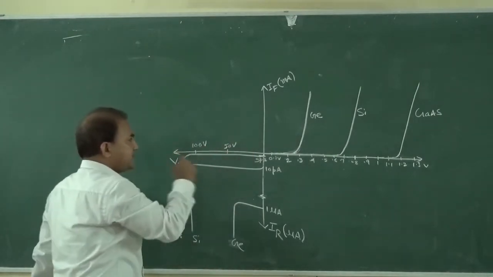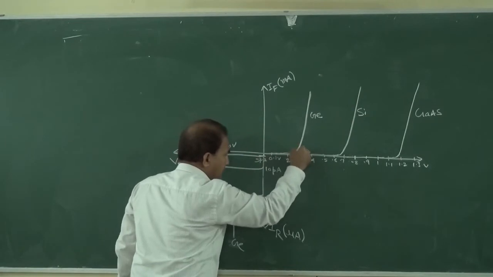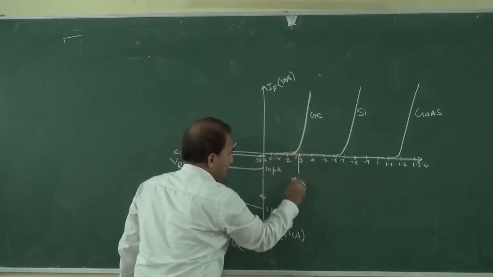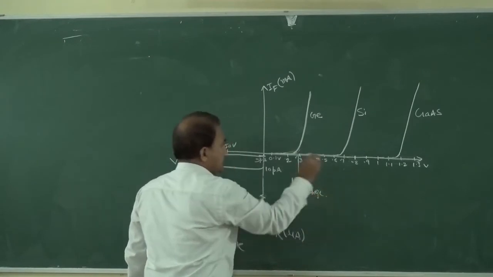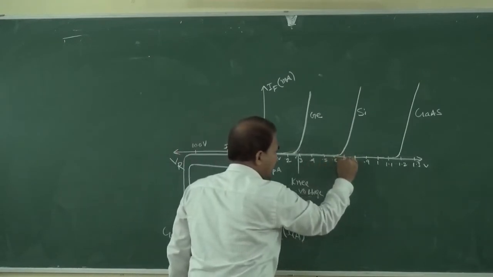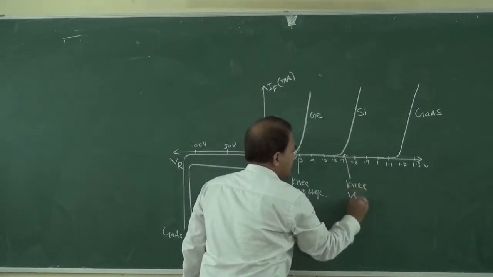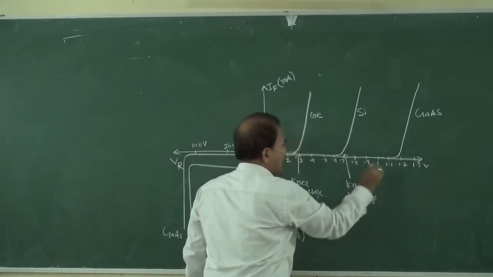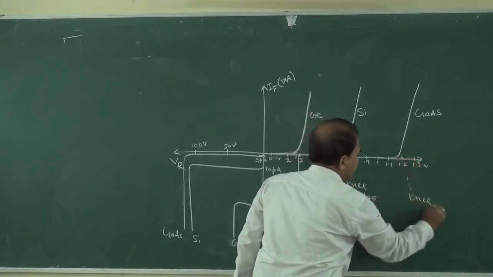In this figure we can see that this is knee voltage. Similarly, this 0.7 volt is also knee voltage, and this 1.2 volt is also knee voltage.